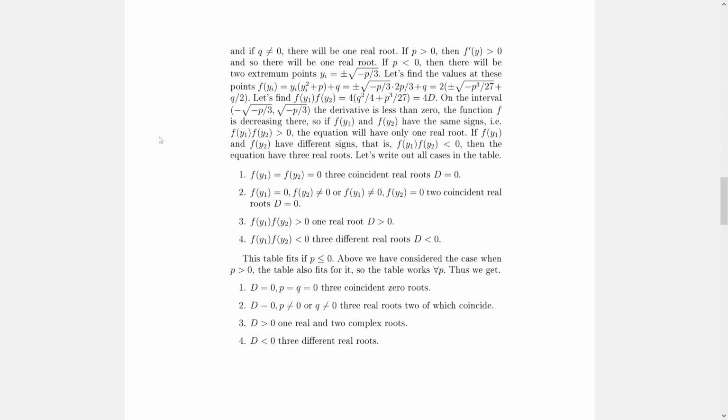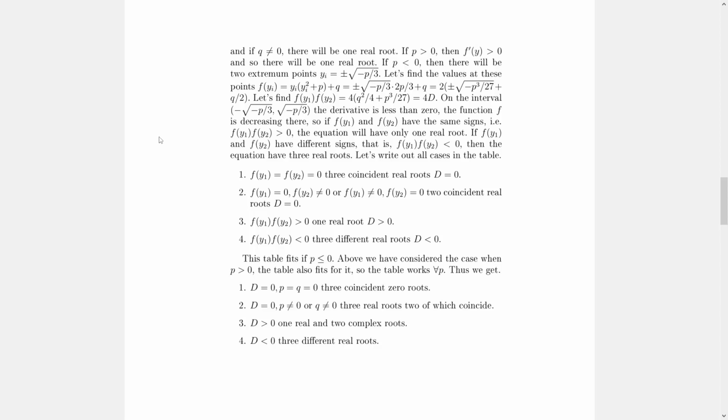If f1 equals f2 equals 0, then we have three coincident real roots, and d equals 0. If only one of the f is equal to 0 and the other is not equal to 0, then we have two coincident real roots, and d equals 0.